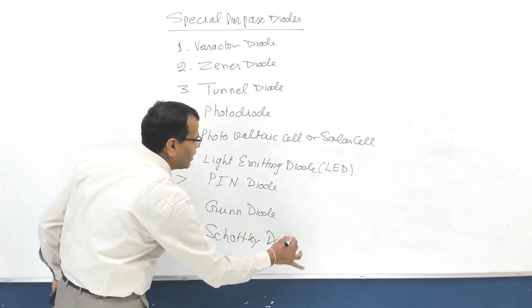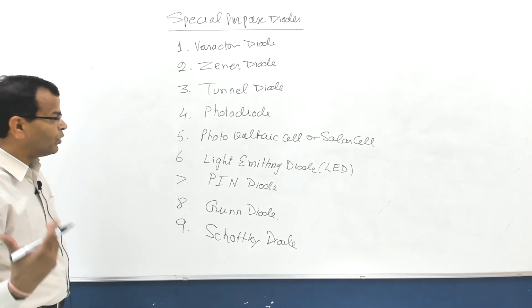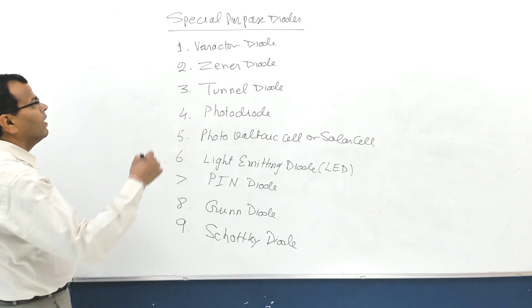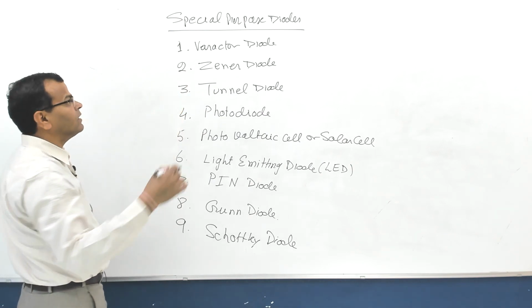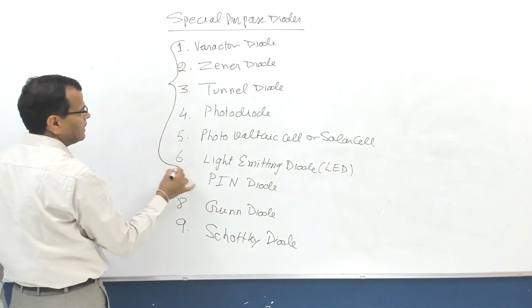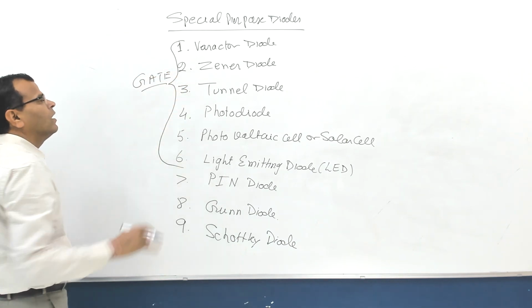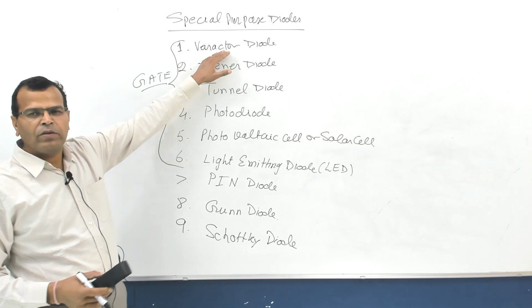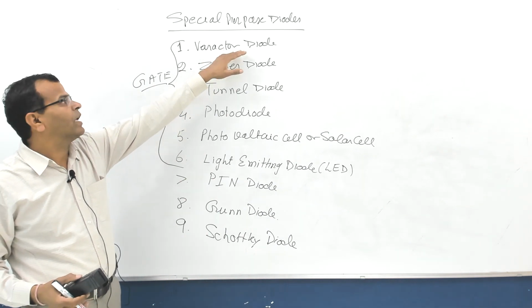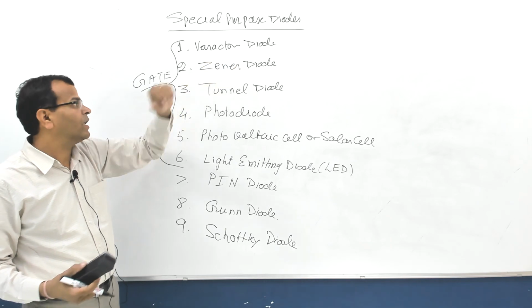These are some of the diodes from where questions are appearing in exam. As far as GATE is concerned, these are important for GATE. As far as Varactor diode is concerned, you don't have a direct question on the name Varactor diode, but there is a question on variation in capacitance of the diode.